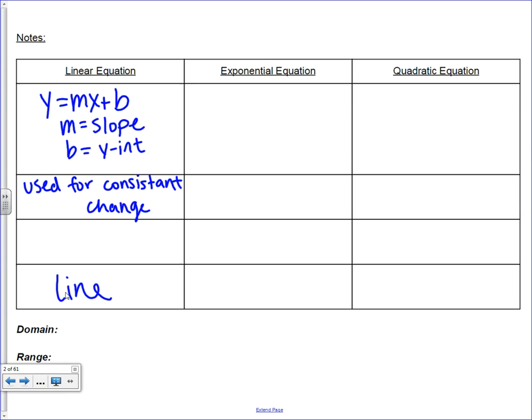Then we have exponential equations. Guys, what word do you see in exponential? Exponent. This is where you have a variable in the exponent, okay? We've talked about these. It's been a little while, so I want to remind you. Exponential equations look like that. What does the B stand for?